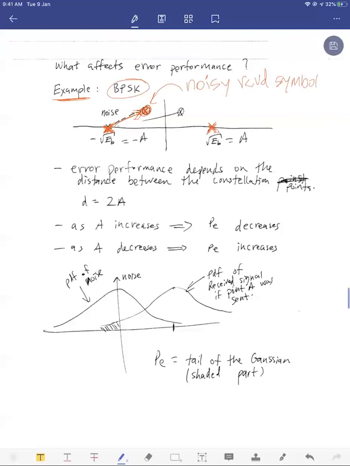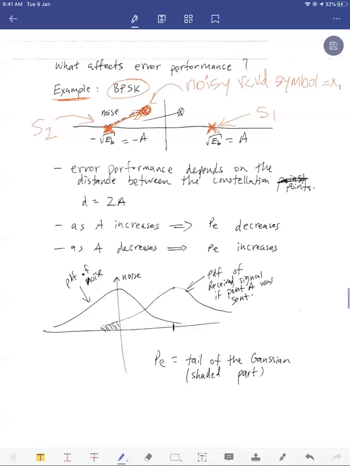I'm going to call this constellation point S1 and this constellation point S2. So let's say I transmit S2 and I'm going to receive, let's call this noisy received symbol X, so let's call this X1. So let's say I send S2, but I receive X1.